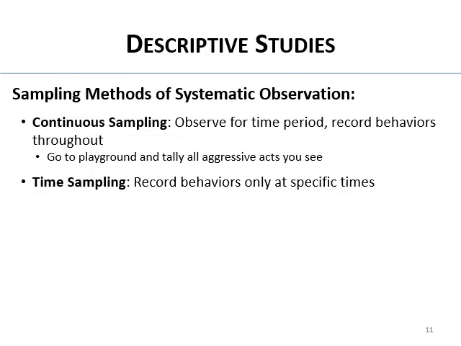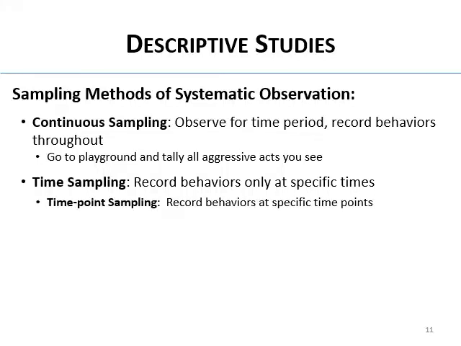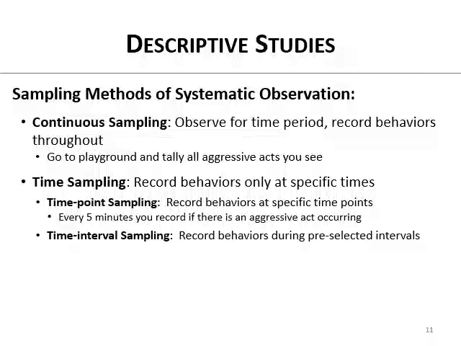So there's time sampling, for example, where you record behaviors only at specific times. One type of time sampling is called time point sampling, where you record behaviors at specific time points. So for example, every 5 minutes you record if there's an aggressive act going on at the playground. Instead of continuously recording, it's every 5 minutes, look up, record, do you see an aggressive act, done.